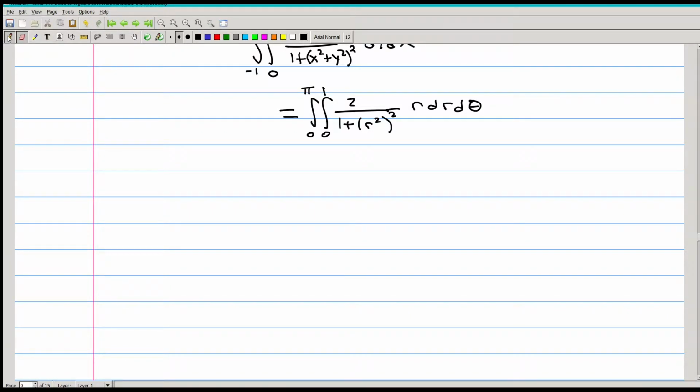The integration process also becomes much easier, because you see here we have 2r dr, and we have an r squared here.